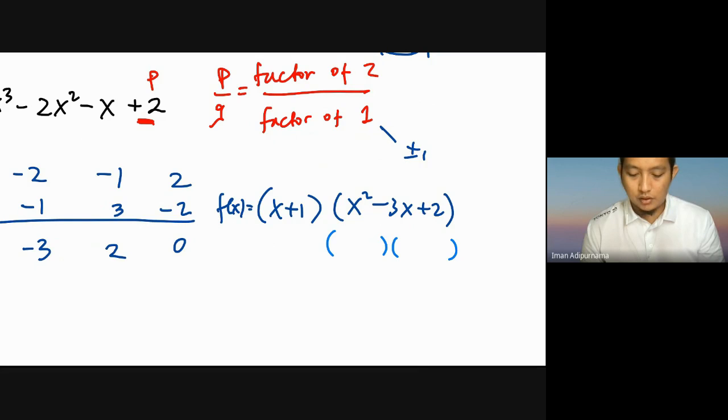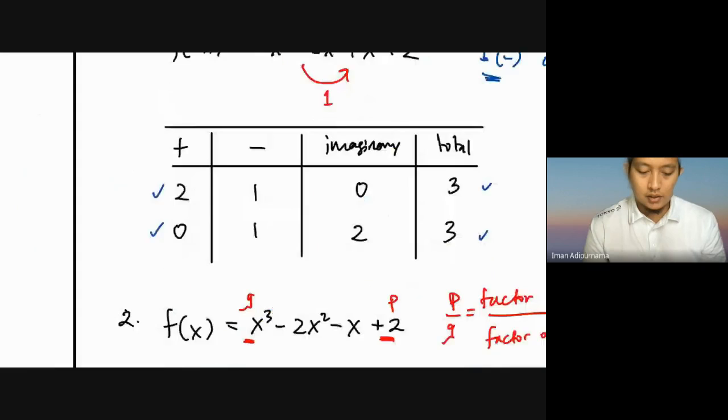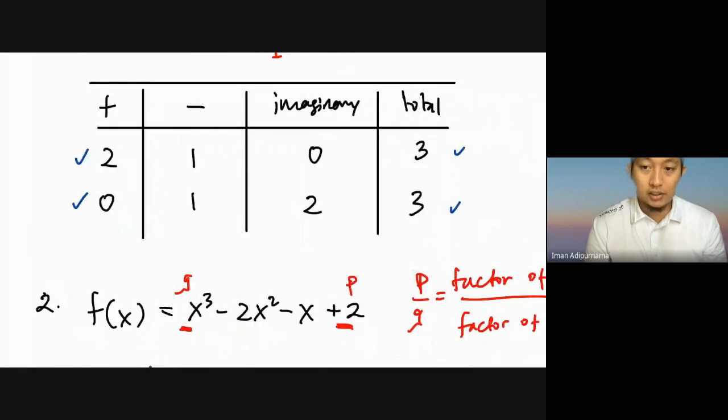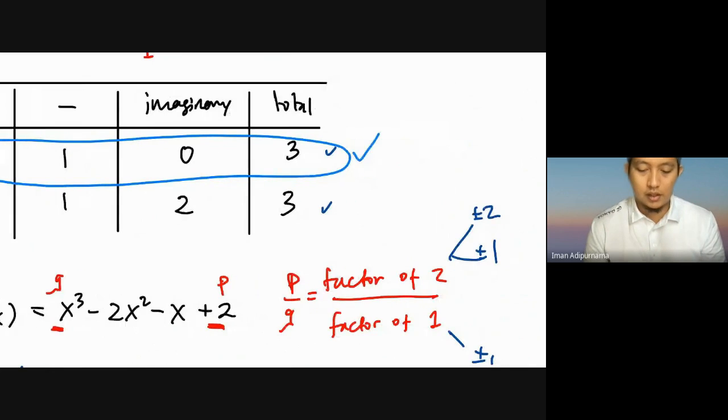This will be x minus 1, x minus 2. So we have 1 negative zero and we have 2 positive zeros. And precisely from our possible roots, we will have this as our answer, right? This is our answer.